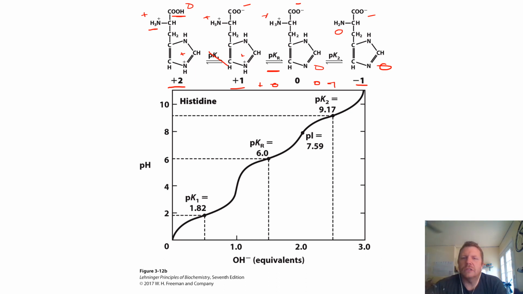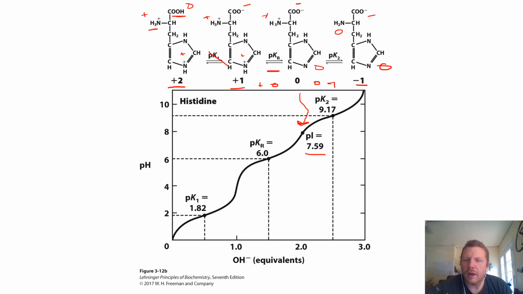Now, in this case, it happens to be the R group and the N terminus's pKa value. That's not always the case in a triprotic amino acid. What's most important is that you understand we are trying to find the pH at which this molecule has an overall charge of 0, and that happens to be at a pH of 7.59.